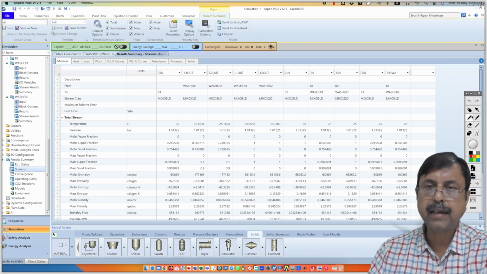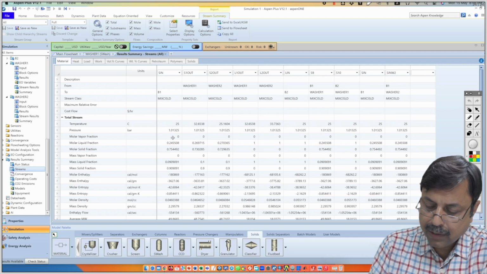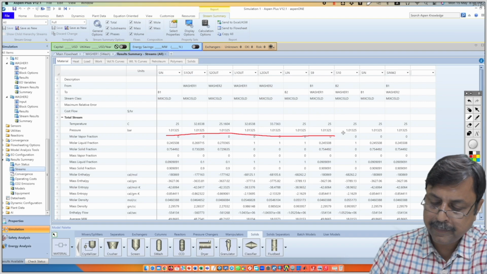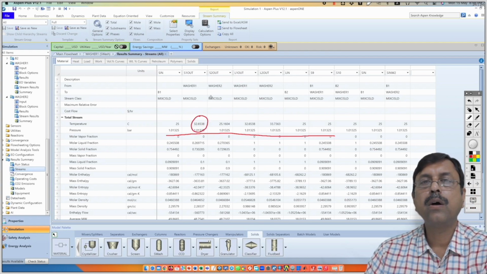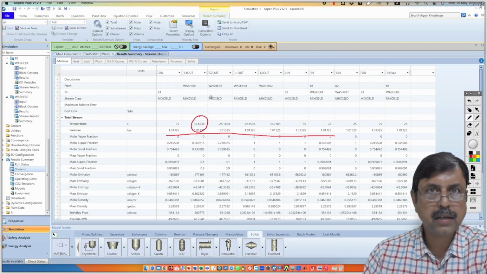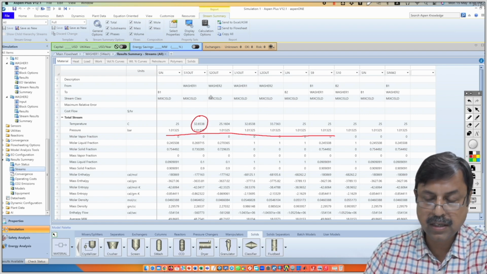Okay. First, let us check the temperature profile, because there is nothing to check on the pressure, because pressure is always the same. Temperature, as observed previously, the S1 out, that is the outlet of the single stage washer, gave us 32.65 degrees centigrade because of 10 kilowatt heat duty.